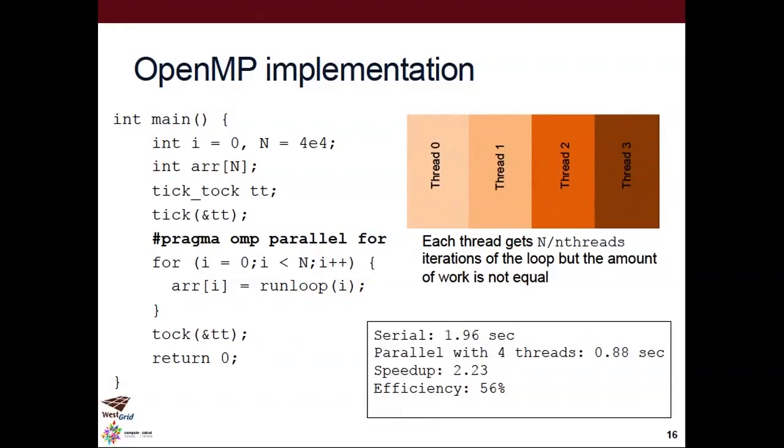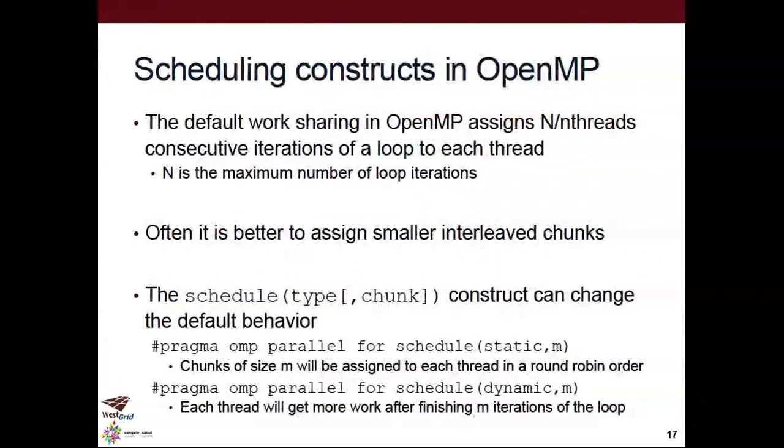The third thread will get a little bit more, and the fourth thread will get almost all of the work. You can see that the lighter color means less work, and darker color means more work. So this is not a fair distribution of tasks among those 4 threads, so that's why we don't have efficiency.